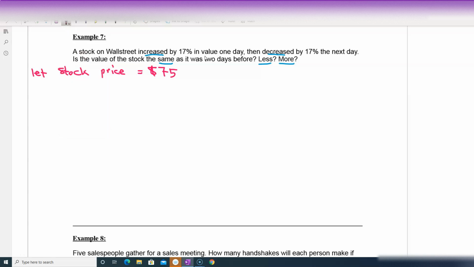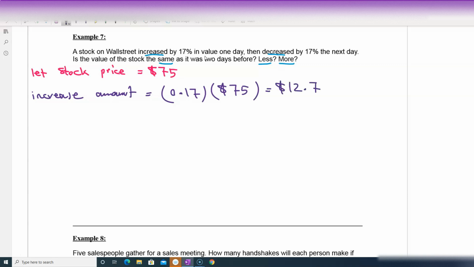Now here we have increased by 17%. So finding the increase amount, that is, we have 17% multiplied by $75. That is $12.75. So this is the increased amount, meaning that since we have increased, we have to add that one to the original price that we had.